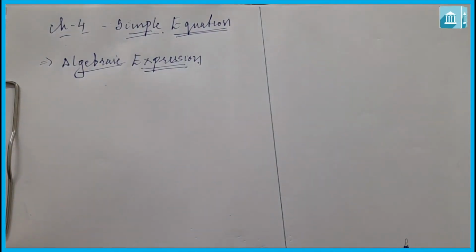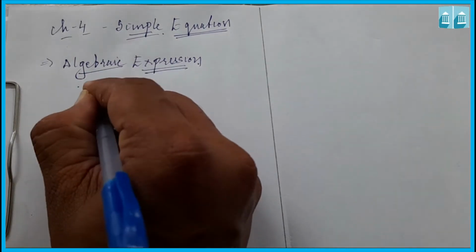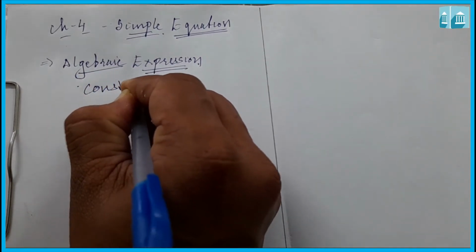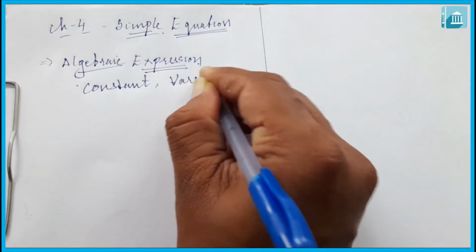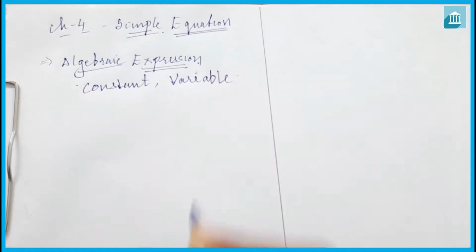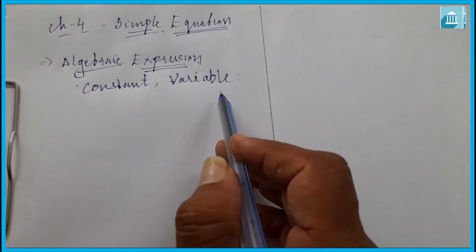What is an algebraic expression? An algebraic expression is made up of terms called constant and variable. Algebraic expression क्या होता है? टर्म्स होते हैं जो constant और variable से बने हुए होते हैं.